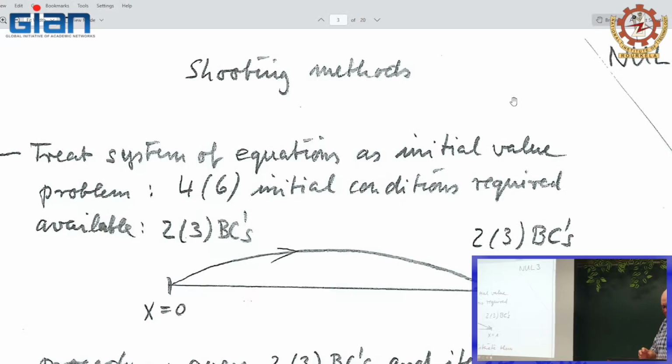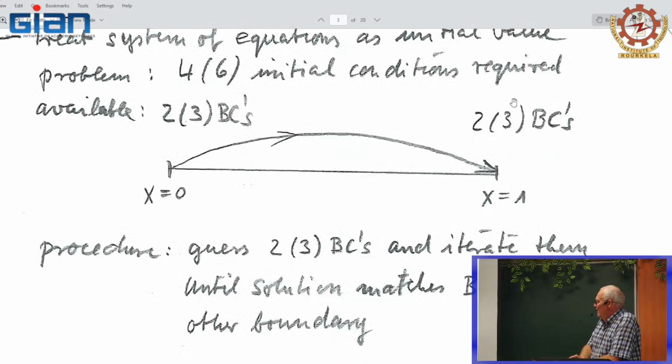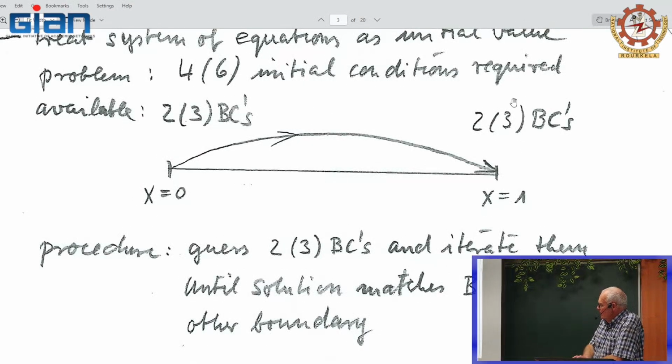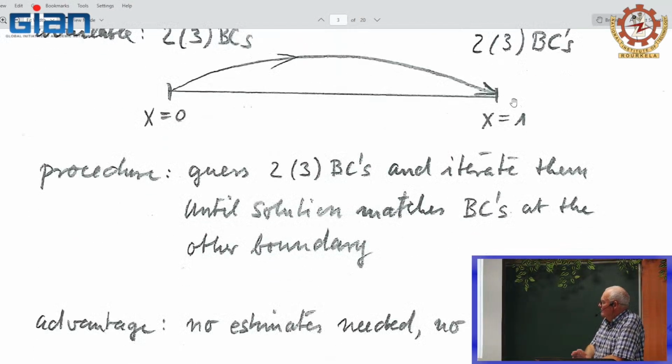These are conditions which we do not know a priori, and we have to iterate them, so to say in a two-dimensional or even a three-dimensional parameter space.